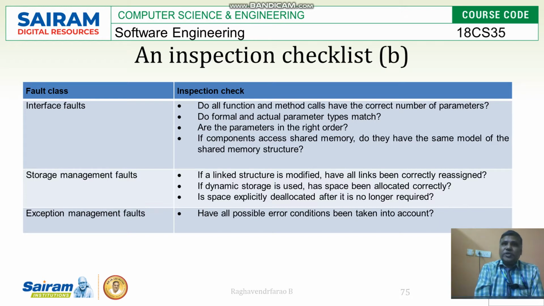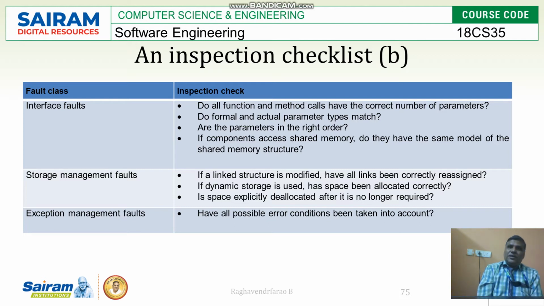Then storage management, it is how the data is getting stored, whether it is in a linked structure or not. Okay, in which format it is accepting the data, and whether it is dynamic or static, that also should be checked. Okay, then inspection management faults.